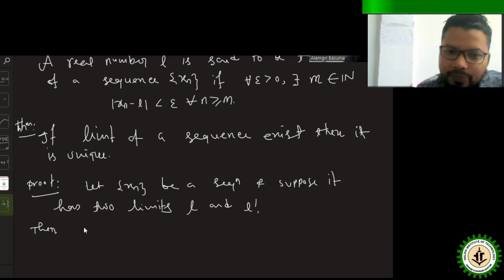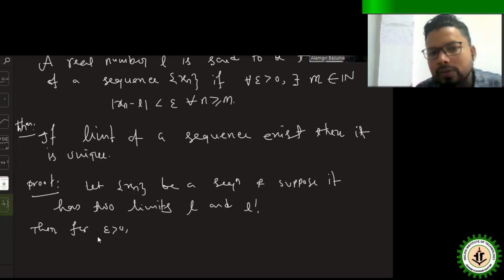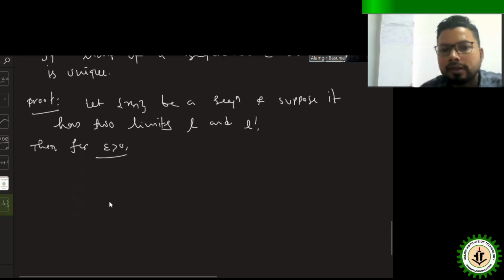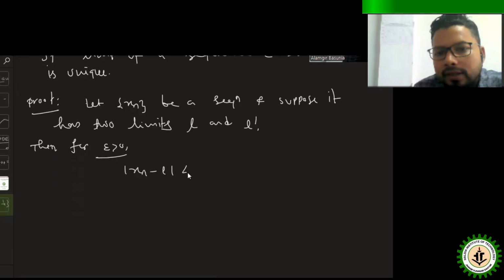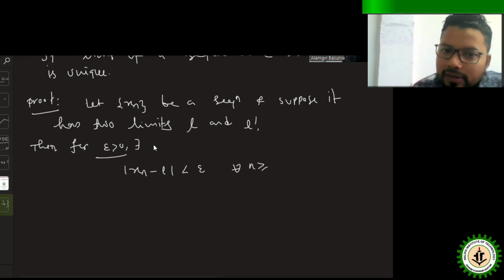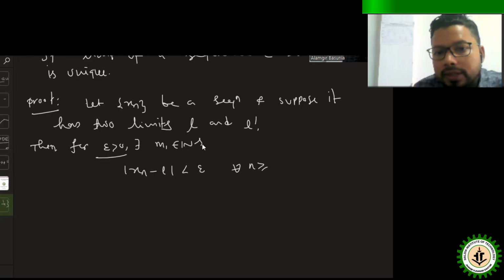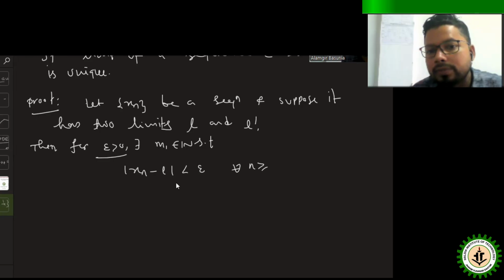Then for epsilon greater than 0, what can we say? Mod of xn minus L less than epsilon for all n greater equal some number. For this epsilon greater than 0, there exists m1 belonging to the natural numbers such that mod of xn minus L is less than epsilon for all n greater equal m1.